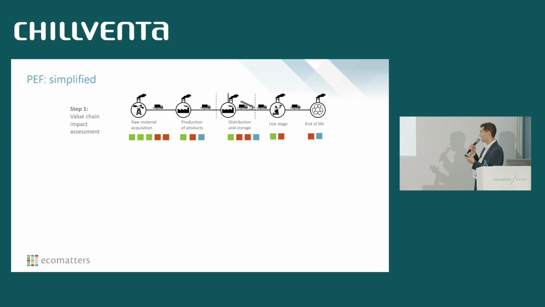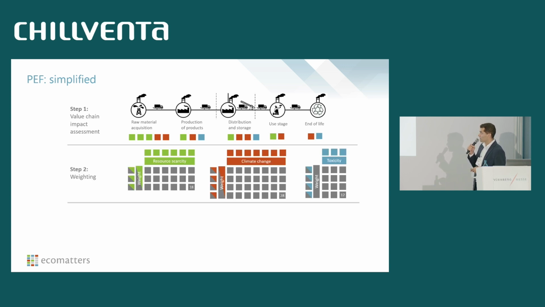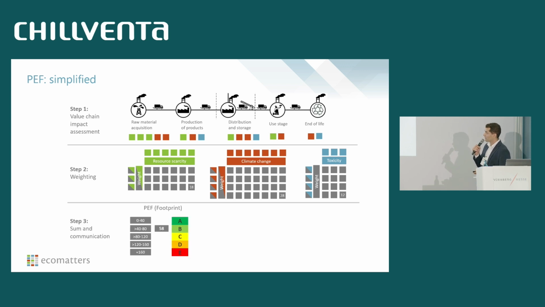So we're going to characterize the impact into categories, and then we're going to apply a weighting step. So we have impact in different categories, and we're going to apply a weighting factor, and that allows us to sum up the different impacts from different categories into one single score. And this single score can then be used for benchmarking, for environmental labeling with performance classes.